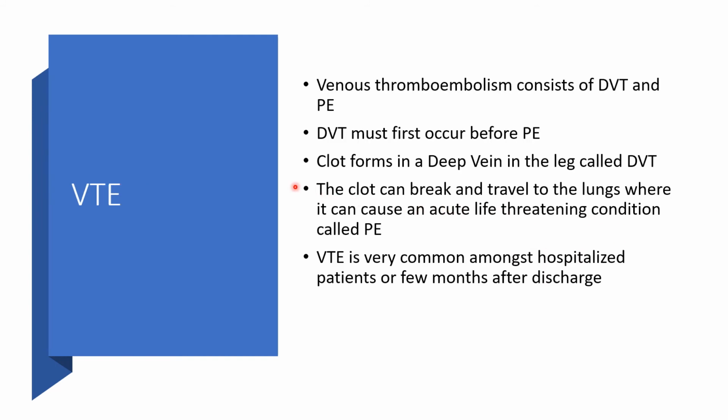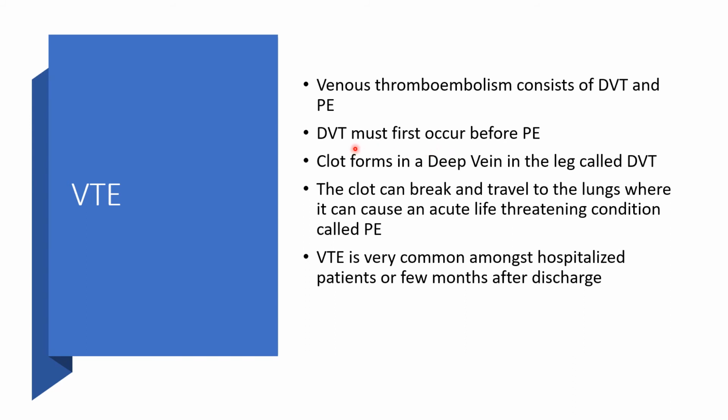Now, because we know D-Dimer to be assayed most of the time when we are suspecting venous thromboembolism, that is DVT, progressing to pulmonary embolism, or we are dealing with DIC, and then we want to classify it.